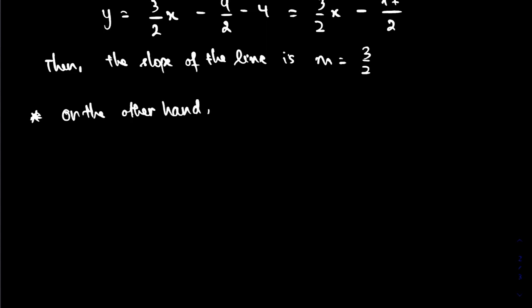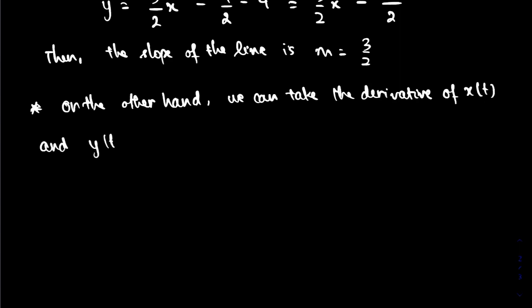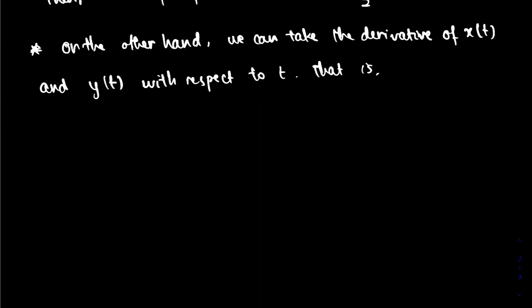So on the other hand, what we could do is take the derivatives of x of t and y of t with respect to t. That is, we have x prime of t, or dx/dt, which means you take the derivative of x with respect to t.